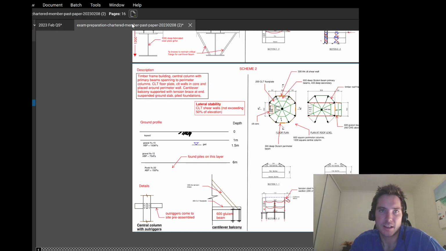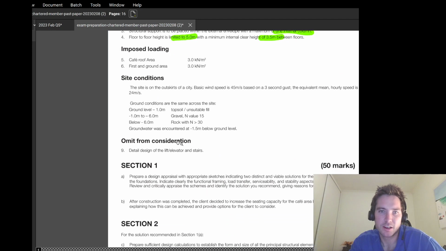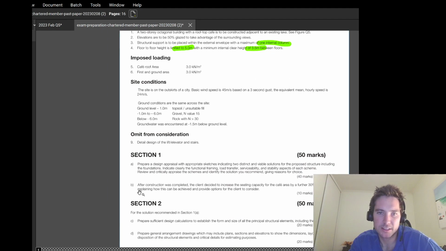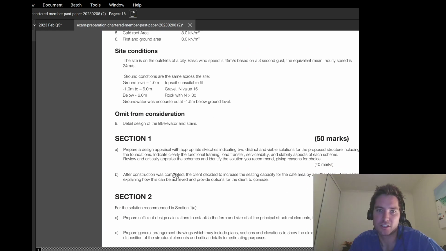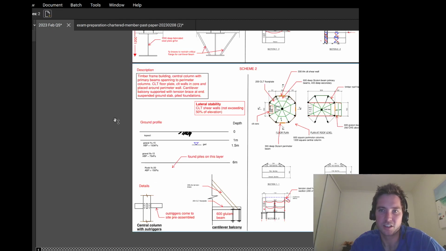One thing that I would want to highlight is that when you look at part B here, if you're going to have a crack at this, it says "after construction was completed." I haven't actually read this in detail, but whatever change they've requested here, you have to continue with, say, if we choose section 2, this has been constructed, so you have to keep that in mind.